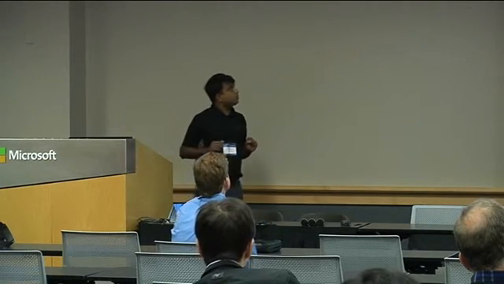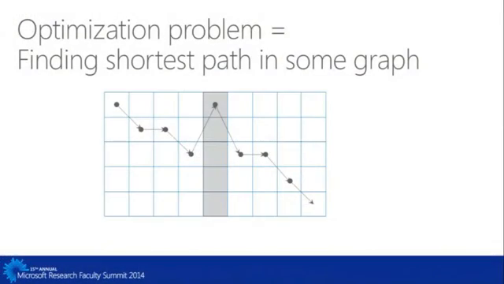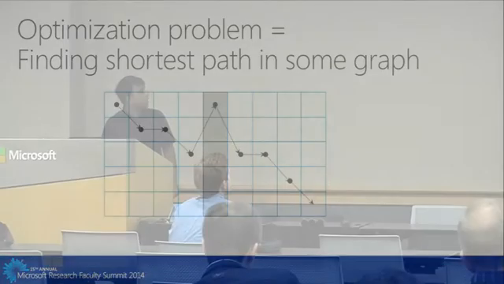Let's say I want to do this computation in parallel, and I want to split the table at this point. Now, the problem here is that I don't know where the shortest path is going to intersect this boundary. In this case, it happens to go through this first node, but it could be on any one of these nodes.